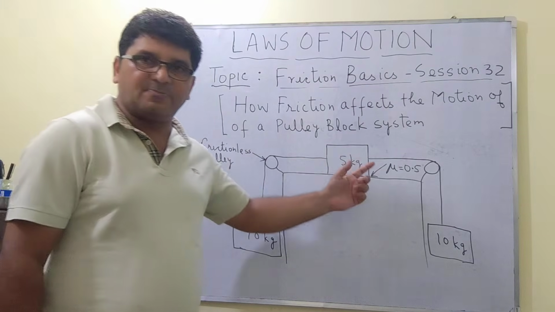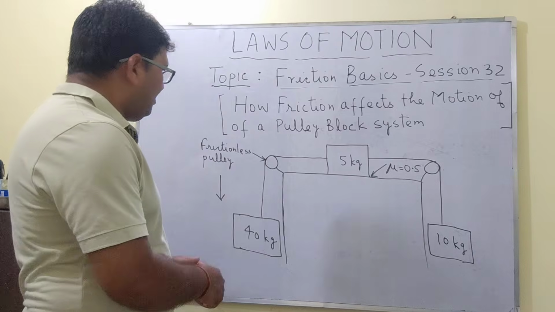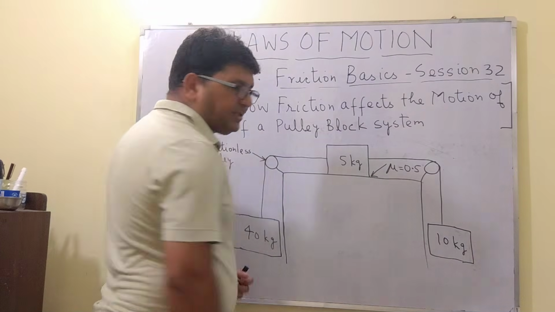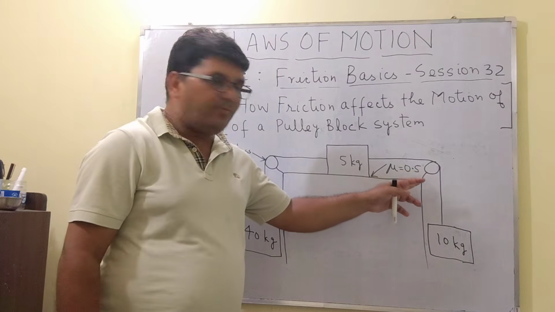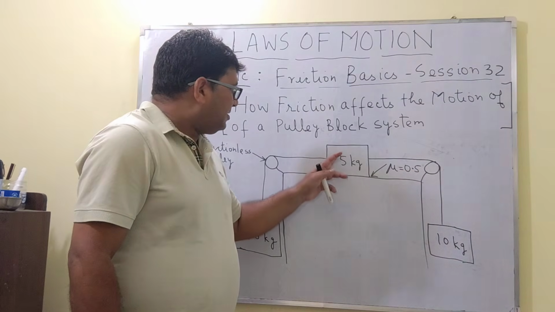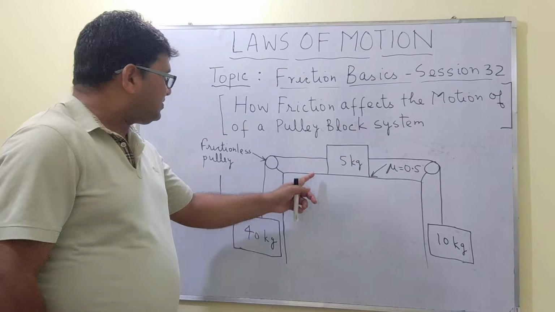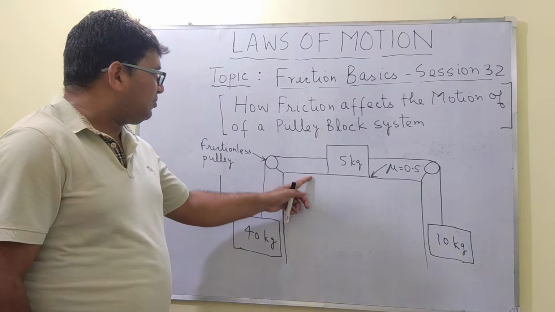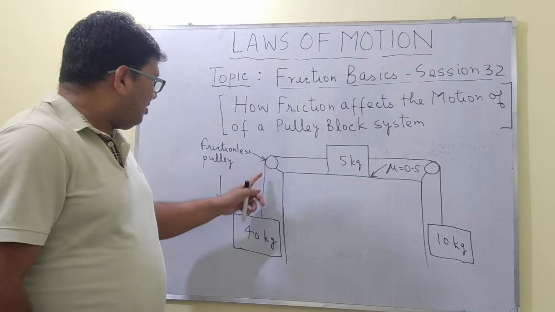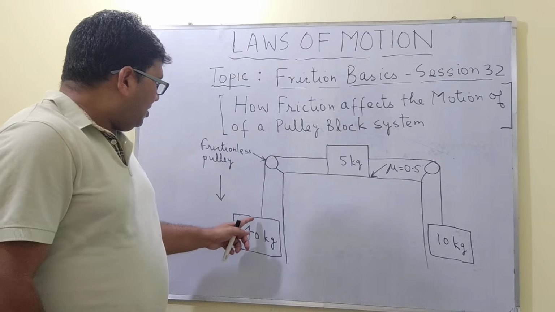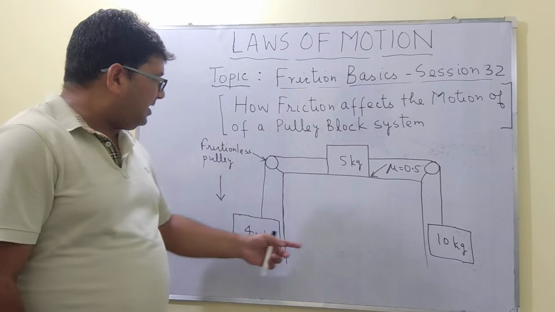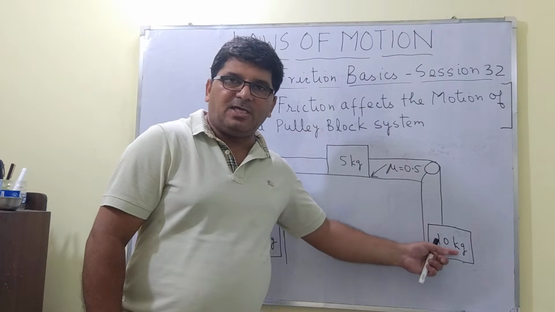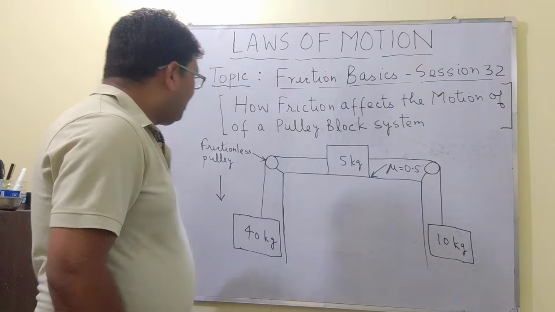a pulley block system. So here there is a horizontal surface which has got a coefficient of friction equal to 0.5, and this is one block of 5 kg which is resting on this horizontal surface, and this block is connected to two blocks, one of 40 kg and one of 10 kg as shown in this figure.